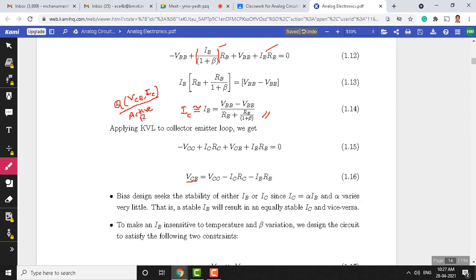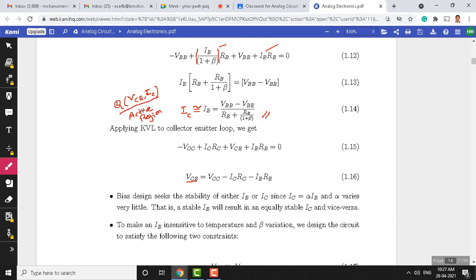Any change of this VCE and IC leads to a change of the Q point, and the transistor moves into other regions like cutoff and saturation. We should identify carefully what factors VCE and IC depend upon, and if we can minimize those variations, the circuit becomes a very good bias circuit.